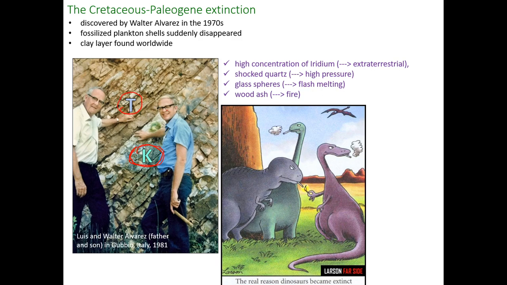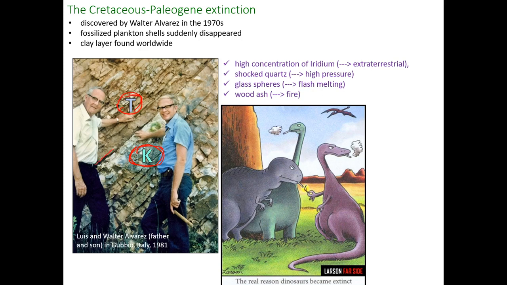These are older, decades-old terms; we don't use them anymore. But Cretaceous, Tertiary, represents the boundary between the Mesozoic and the Cenozoic right here.